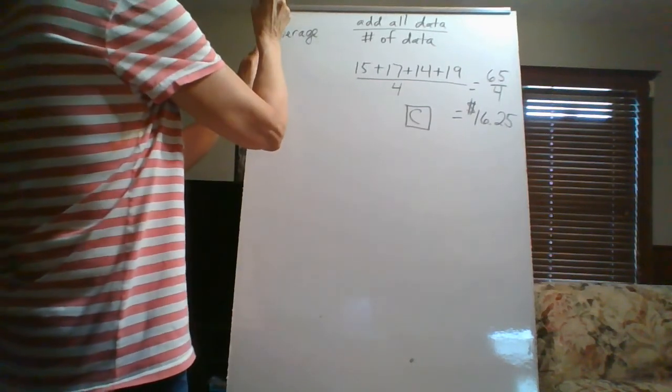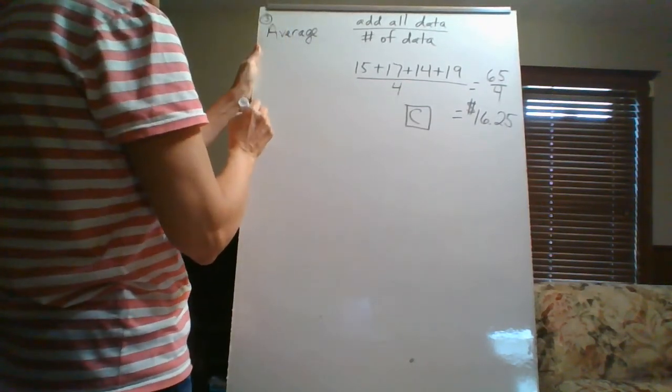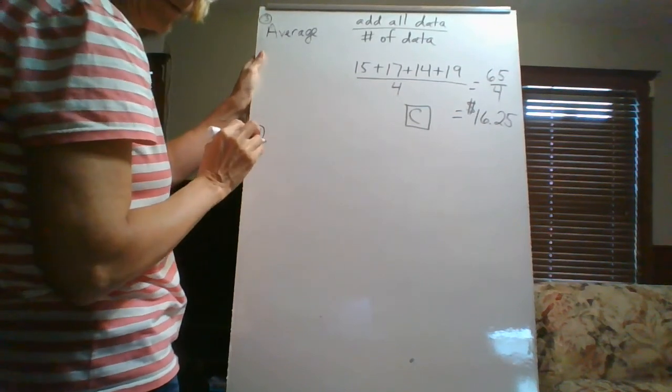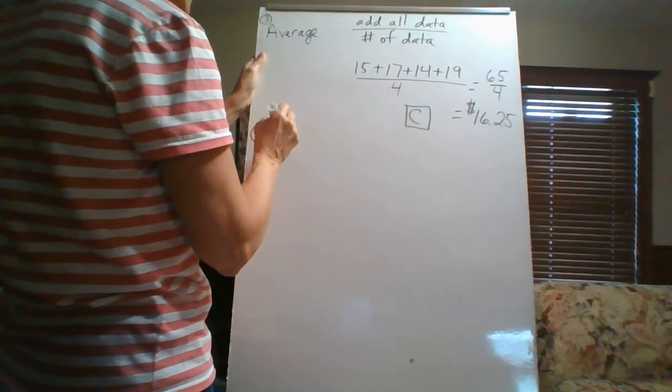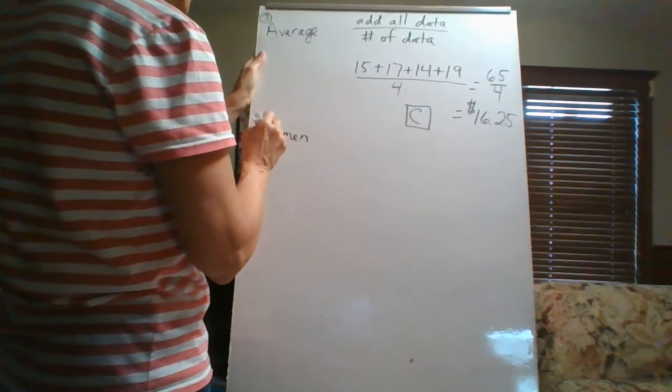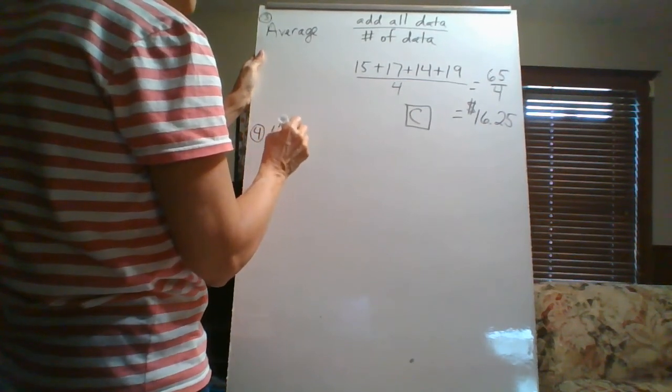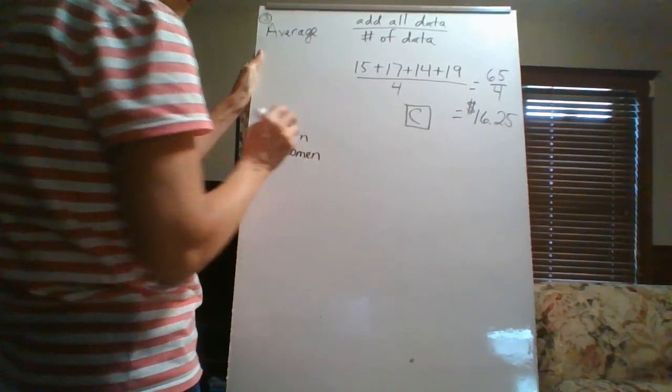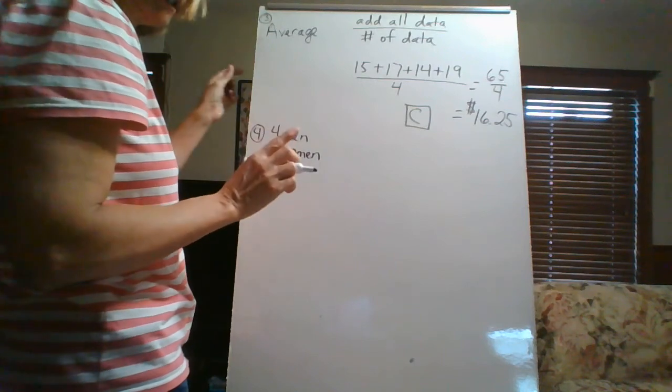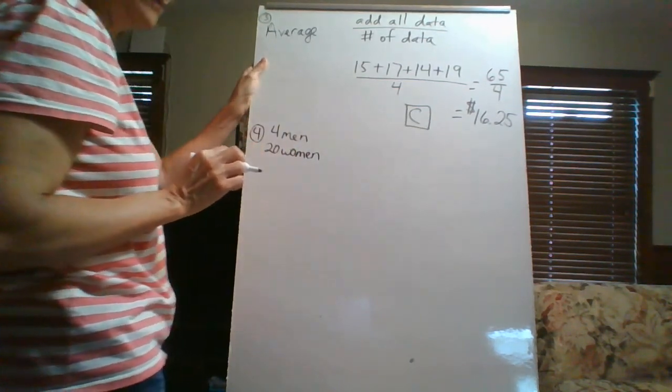That was problem 3. Okay, 4 is a probability problem. We've got 4 men and 20 women. If one person is selected, what's the probability it will be a man?